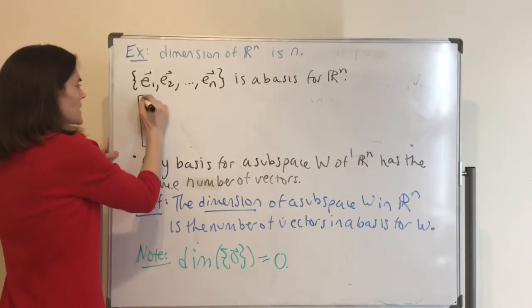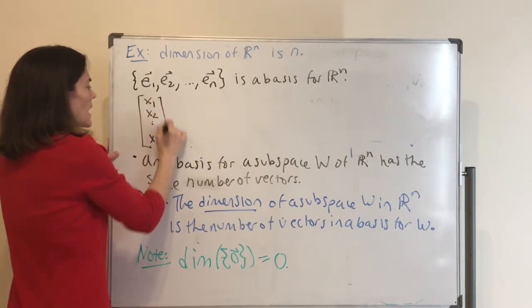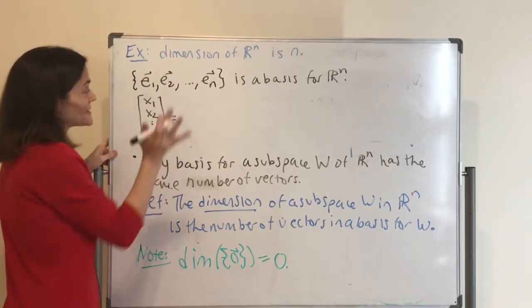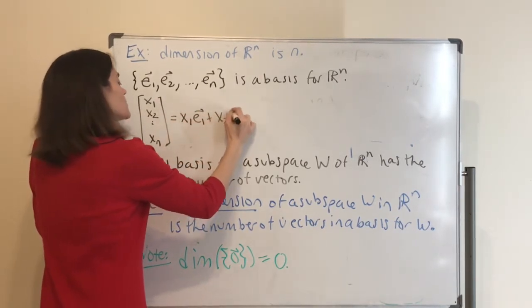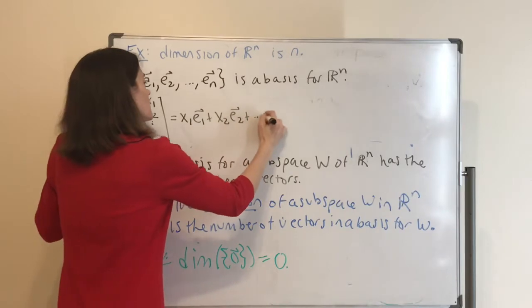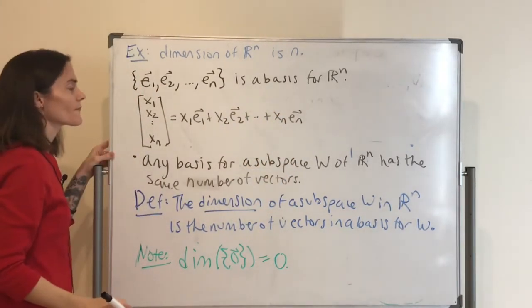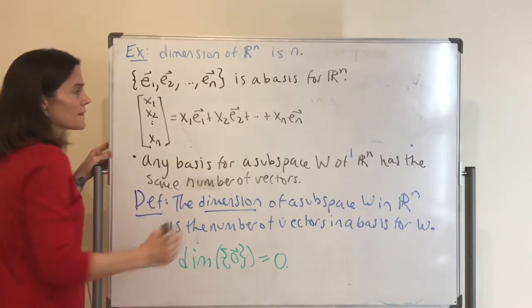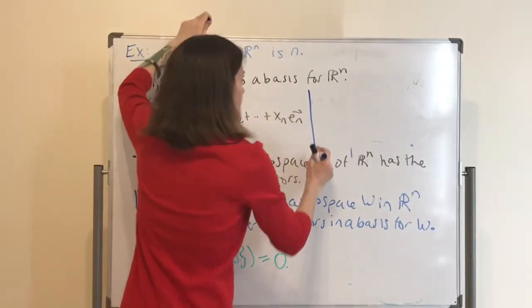So if I have any x1, x2 to xn, I can definitely write this as a linear combination of these standard vectors. This is just x1 e1 plus x2 e2 plus xn en. Okay, so this argument shows spanning.